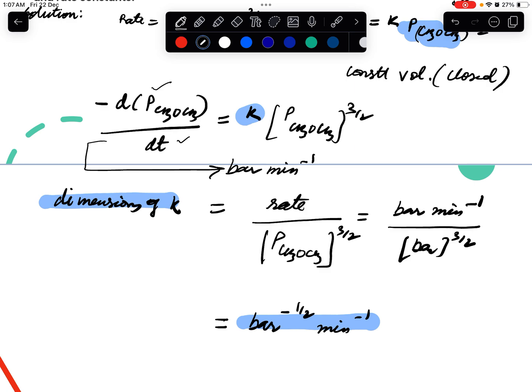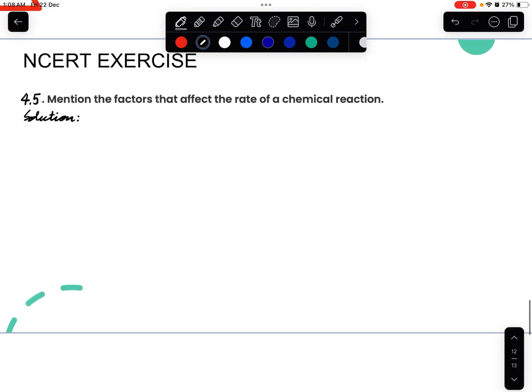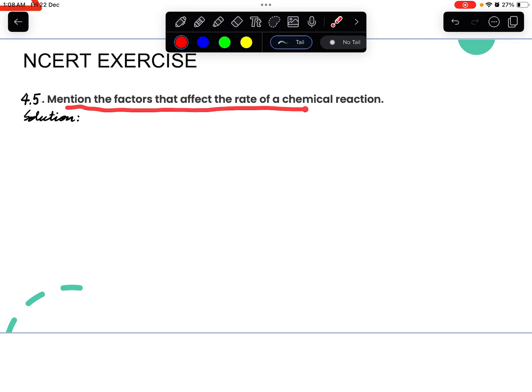This is the first answer and the other one is the second answer. Next, question 4.5 asks us to mention the factors that affect the rate of a chemical reaction.